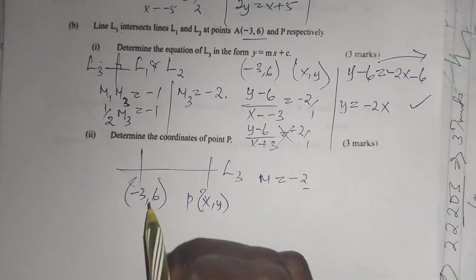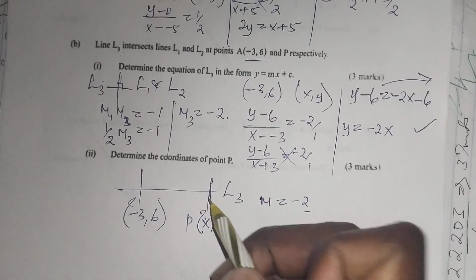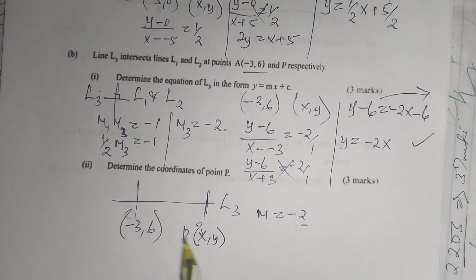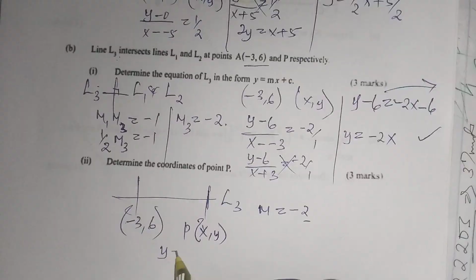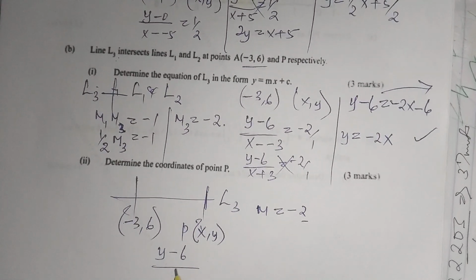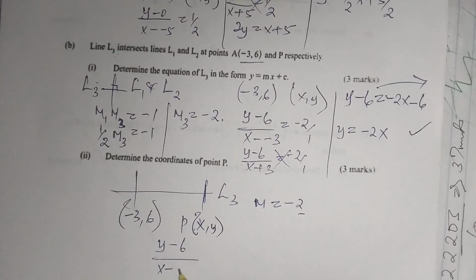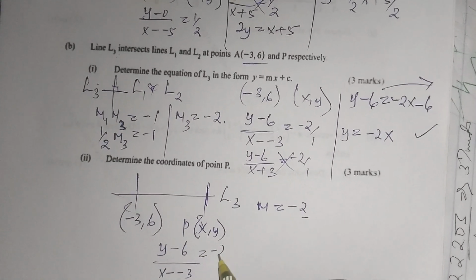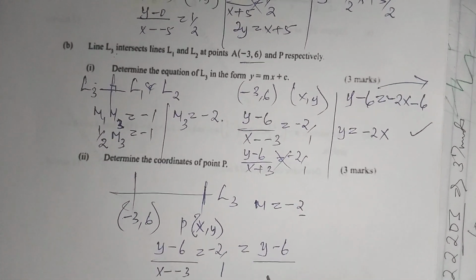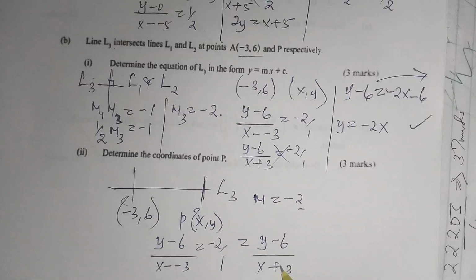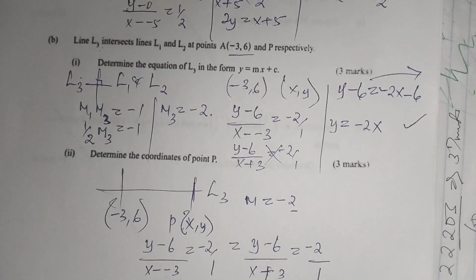So the gradient is y minus 6 over x minus (-3), which is x plus 3. This should give us negative 2 over 1.